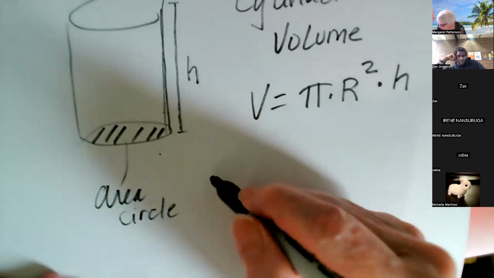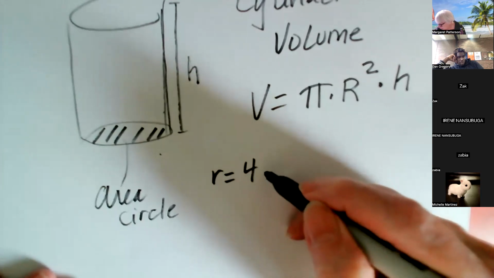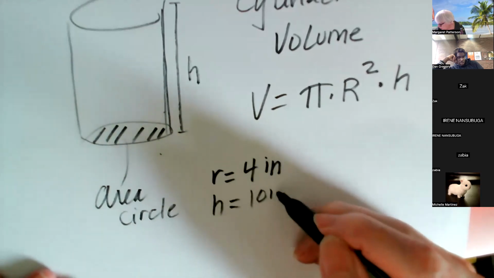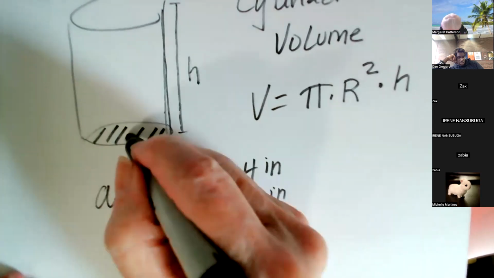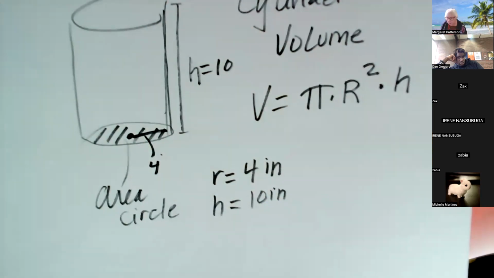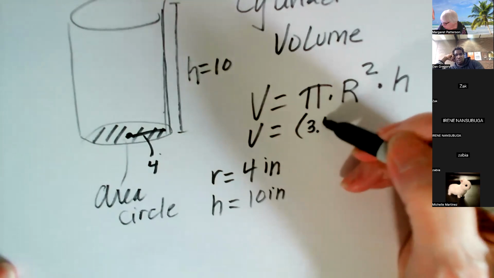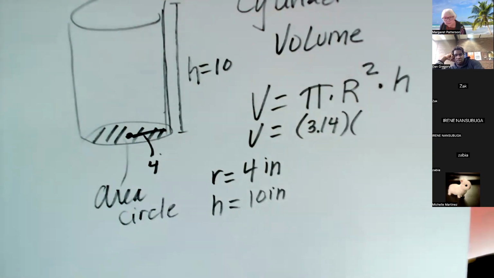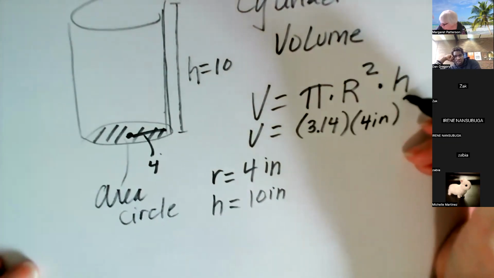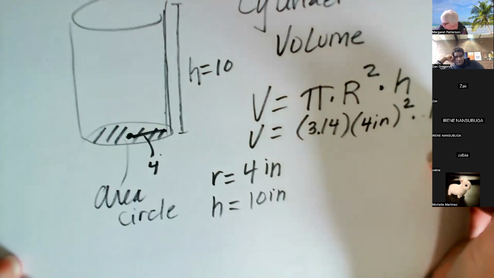So let's say our radius, and I'll probably need a calculator, was 4 inches. And the height was 10. So from here over was 4. This was 10. So this is using a formula. The pi we would put down as 3.14. The radius would be 4 inches quantity squared according to the formula. And the height would be 10 inches.